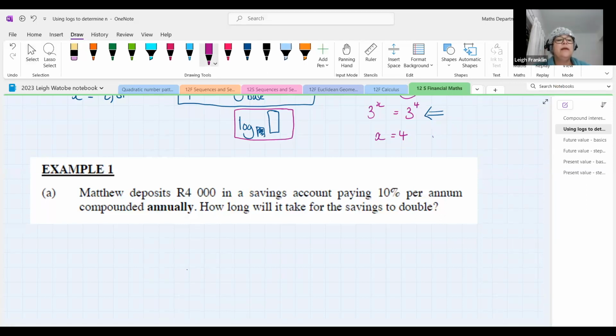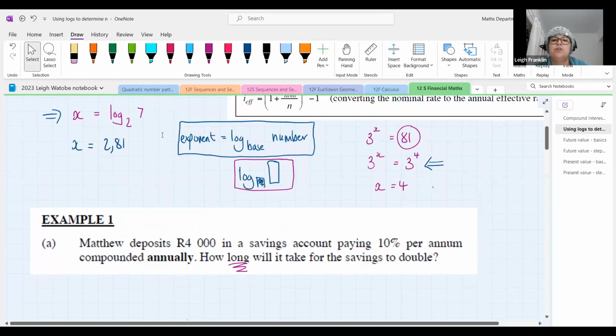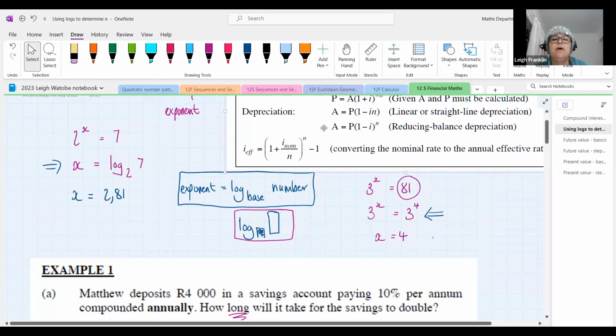All right, so let's have a look. Matthew deposits 4,000 Rand in a savings account paying 10% per annum compounded annually. How long will it take for the savings to double? Okay, so you can see here the question is asking you how long. Which formula do you think we're going to use in this question? There are all our formulae up here.